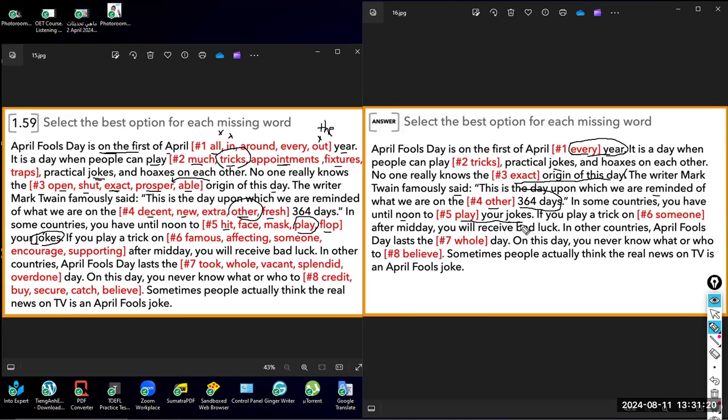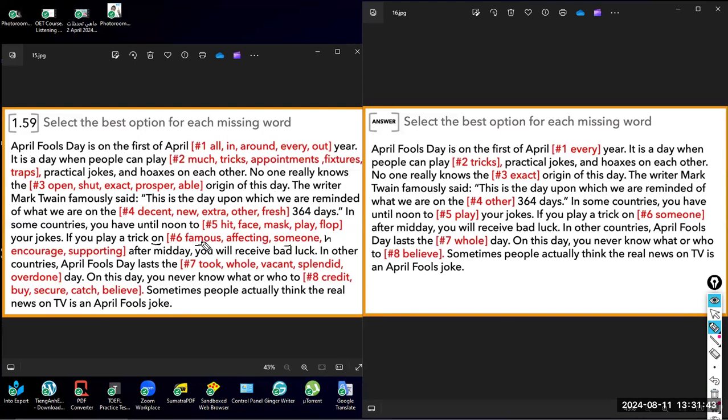So to play your jokes. If you play a trick on, okay, now notice that the tricks I'm playing should be on people, so I have to say on someone. Notice, guys, that here someone is a noun. So I have to mention a noun after trick on. So trick on famous.